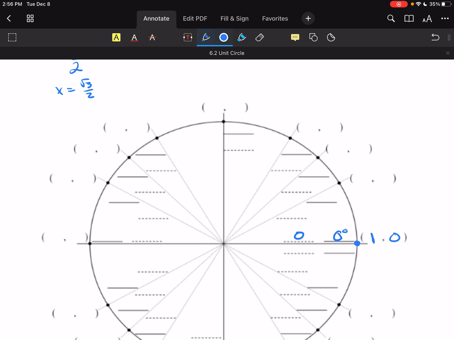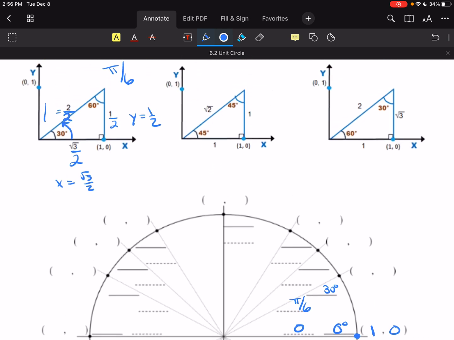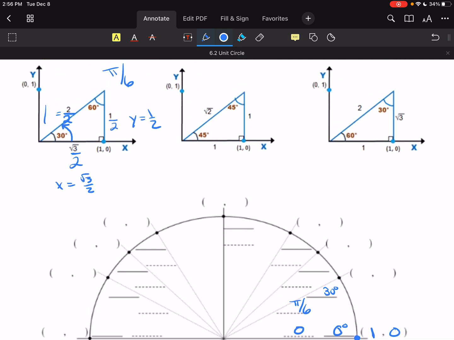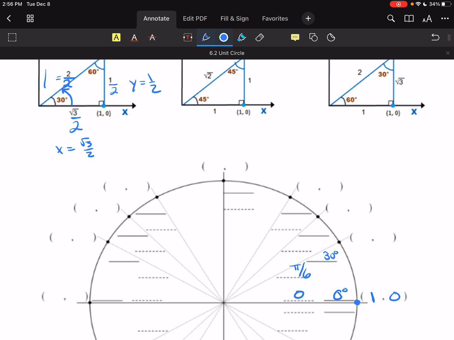Doing my closest to the x-axis, so that first rotation, that would give me 30 degrees, right? And that goes with pi over 6. That's the radian measure that's equivalent to 30 degrees. And using my special right triangle here, I saw that the x value is the square root of 3 over 2. So that's the x coordinate. And the y value we saw was 1/2.